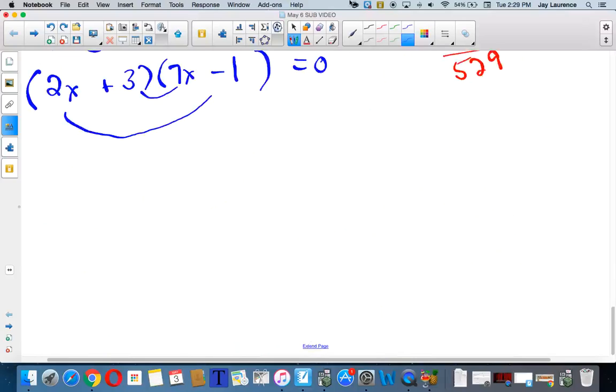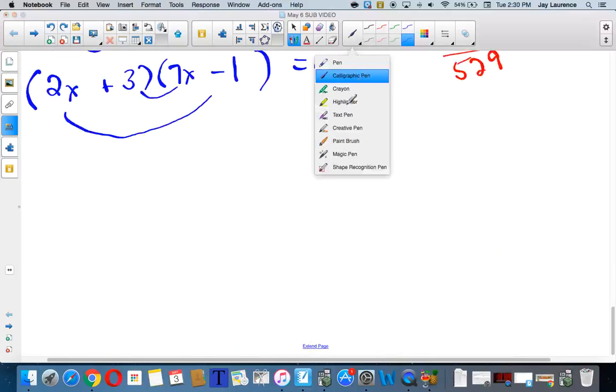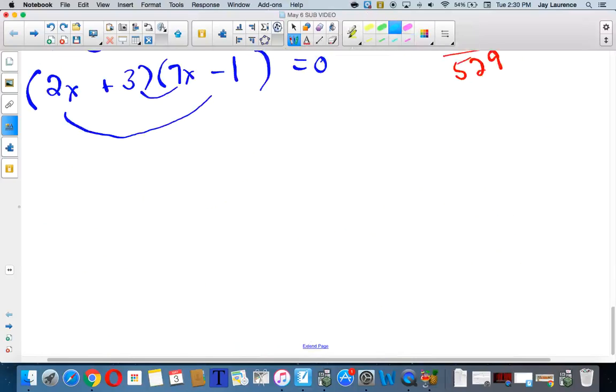All right, so I see my two factors. They happen to be 2x plus 3, and my other factor is 7x minus 1. So 2x plus 3 equals 0, and you should have gotten x equals negative 1.5 or negative 3 over 2.